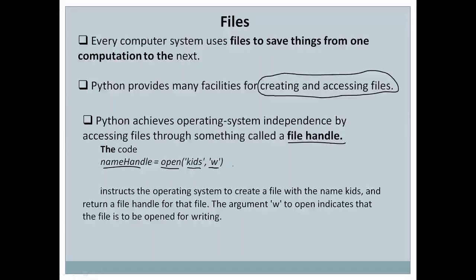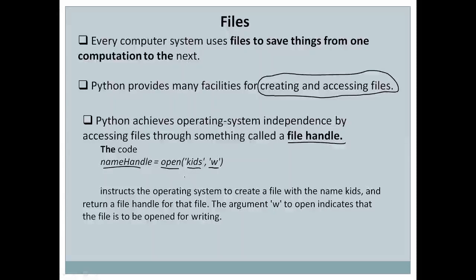Since we have opened the file for writing, we can write into the file. Looking at this simple line of code, you will understand how easy it is to read and write files in Python.